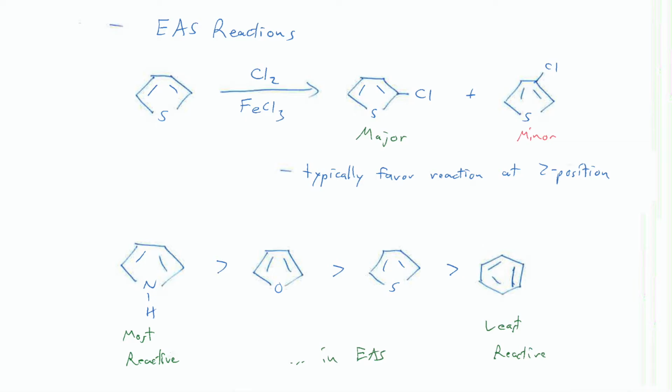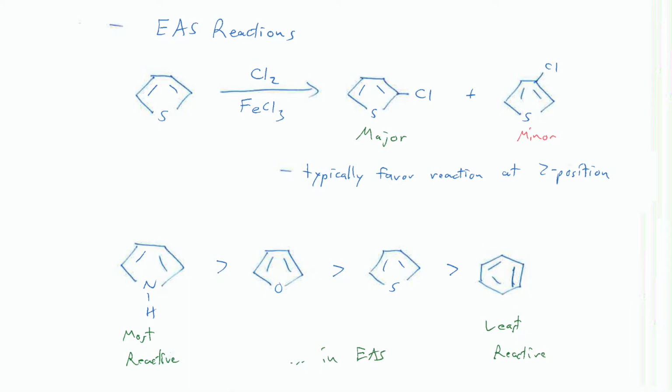Now, we do have a regioselectivity issue here. With benzene, of course, being perfectly symmetric, all the carbon positions are the same. So removing any one hydrogen from benzene results in the same compound being produced no matter what reaction you're doing. With these heterocycles, we actually have two different positions where the substitution could occur. And again, if you think of the numbering, it's going to be on the second and the third positions.